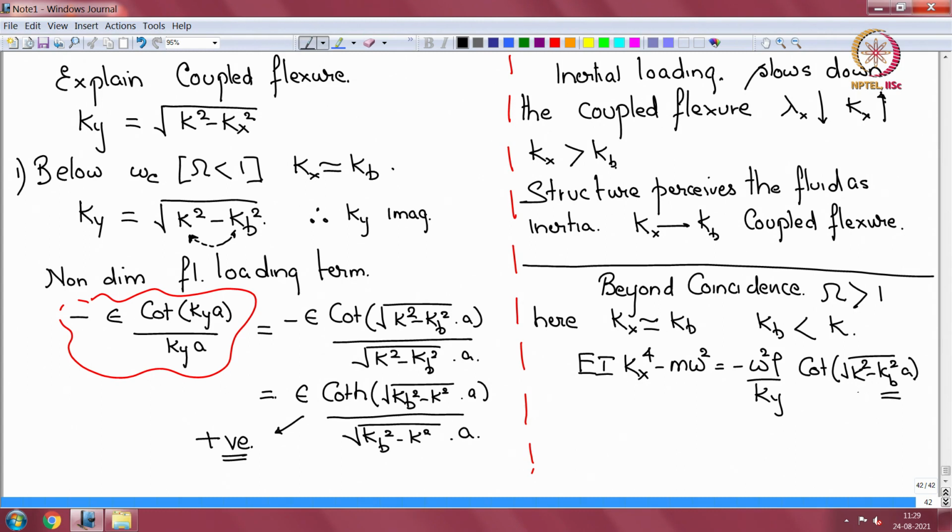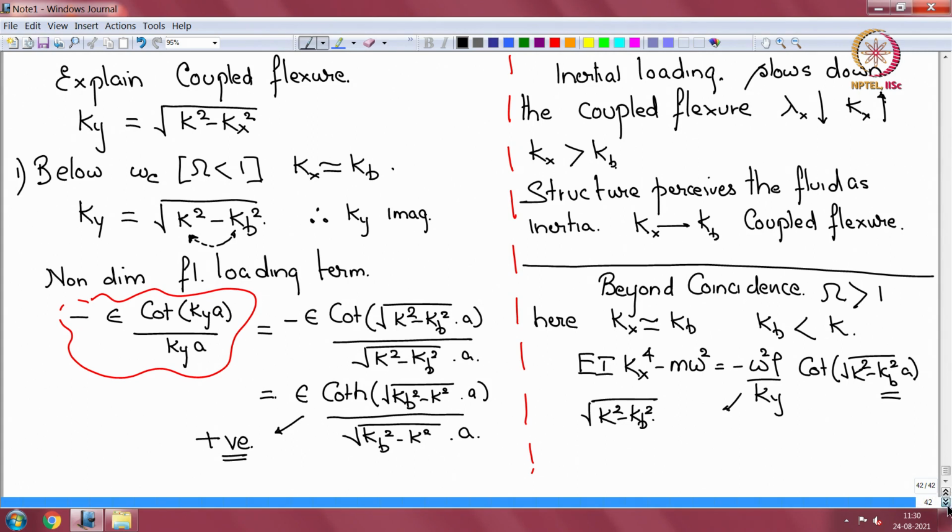Kb is less than k already. So here also it's the same term, square root of k square minus kb square. Kb is less than k. So therefore the cot term will change signs.